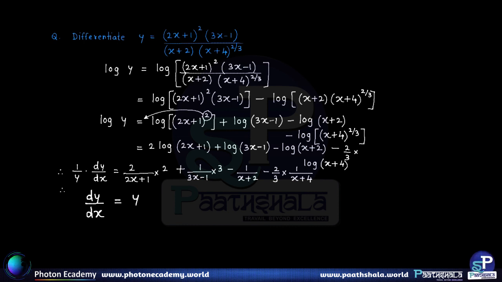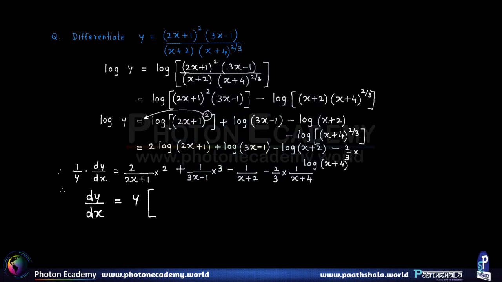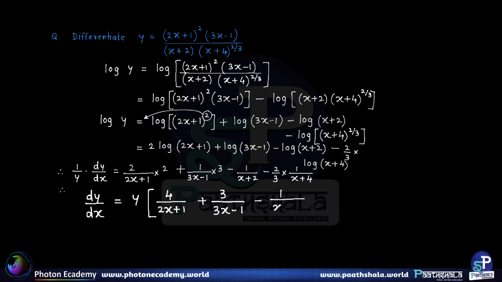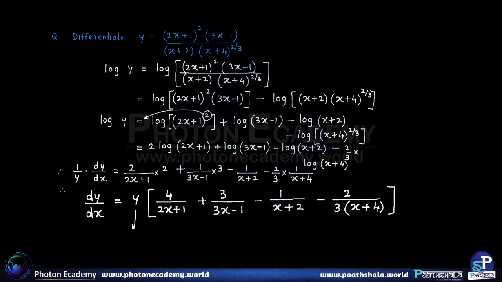So I can write it as y into the entire expression, that is, now here we can write it as 2 into 2, 4 upon (2x plus 1) plus 3 upon (3x minus 1) minus 1 upon (x plus 2) minus 2 upon 3 into (x plus 4), and at the end we replace y with the given function, which gives us the final answer, right?